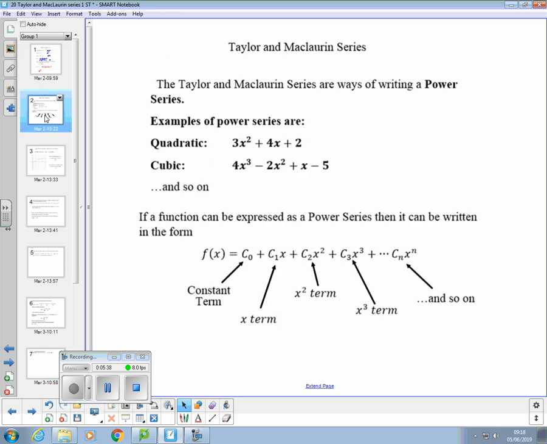Okay. Taylor and Maclaurin series. They are ways of writing power series. For example, a quadratic power series has a squared term, an x term, and a constant. Cubic: cube term, squared term, x term, constant.